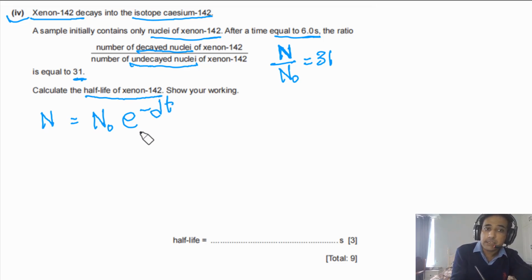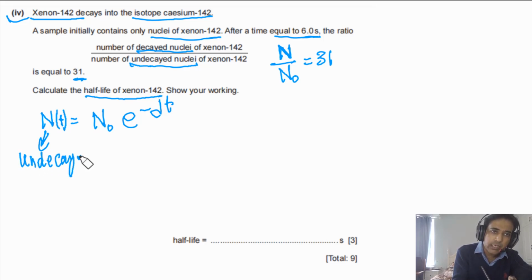Lambda in this case is the decay constant. They have this misconception because they don't understand what this N is representing. This N is a function of time. It gives us the remaining nuclei at any given time, or we can say the undecayed nuclei.